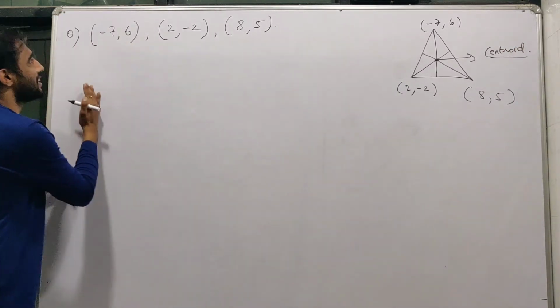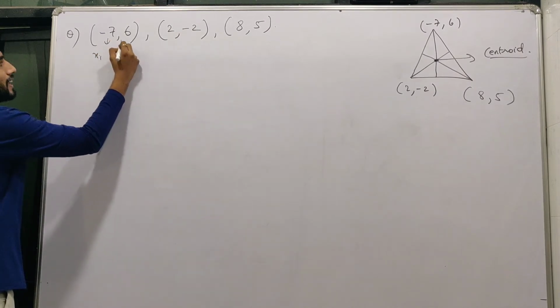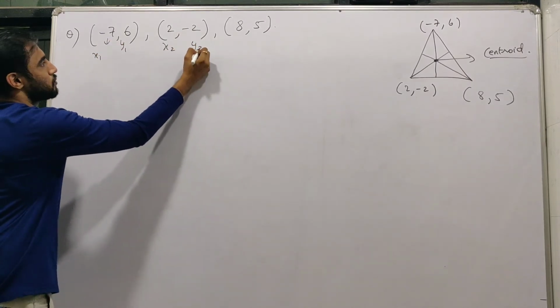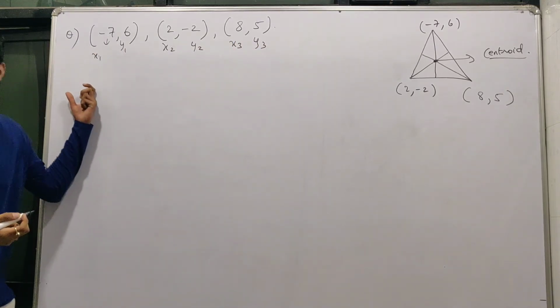To find the coordinates of the centroid in a given triangle, we consider the points x1, y1, x2, y2 and x3, y3. And all we have to do is apply the formula.